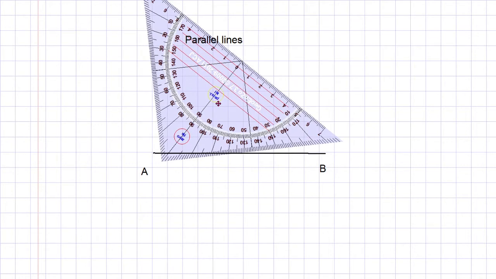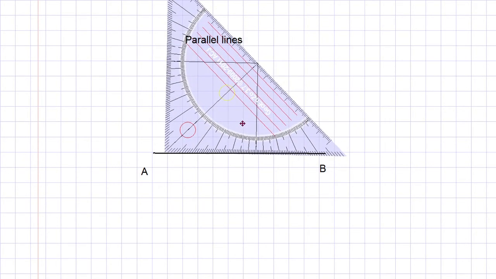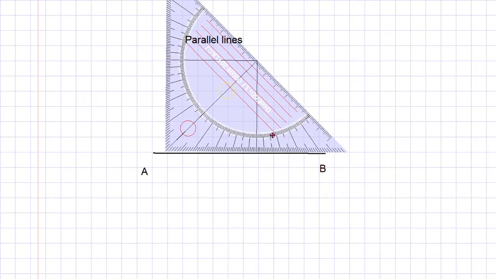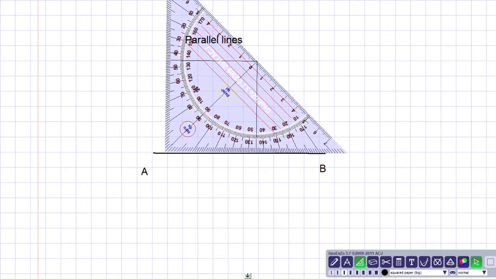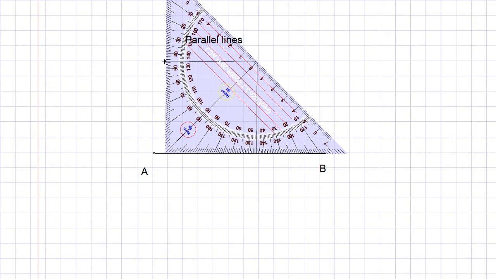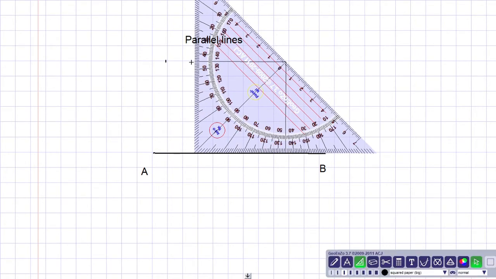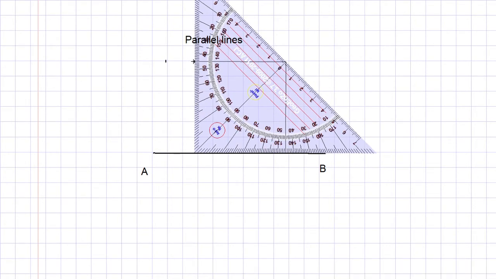Let's mark some points equidistant from the straight line AB. Can you see there's a black color line? I will mark that position. I will mark a point at that position. So I will slide the set square and mark another point.